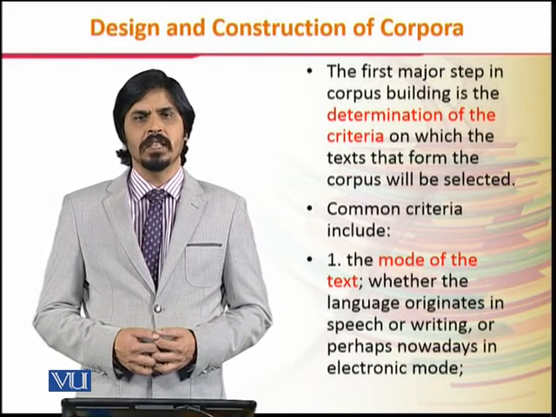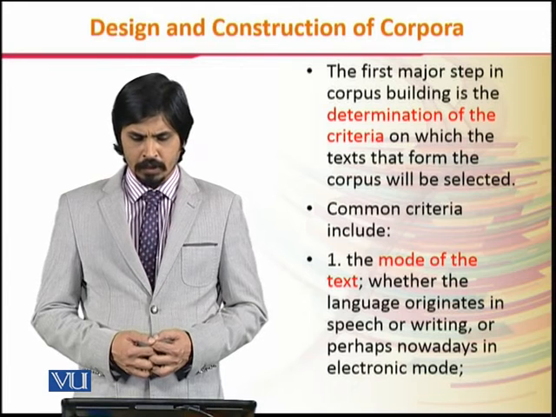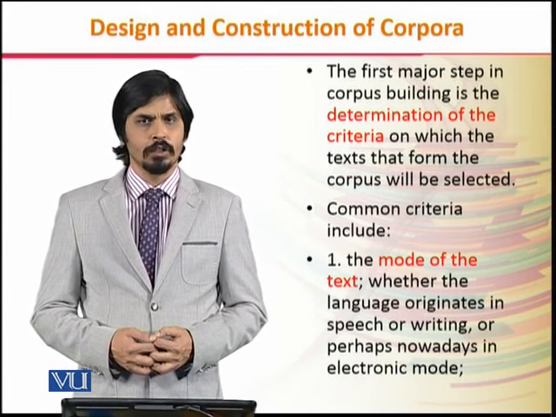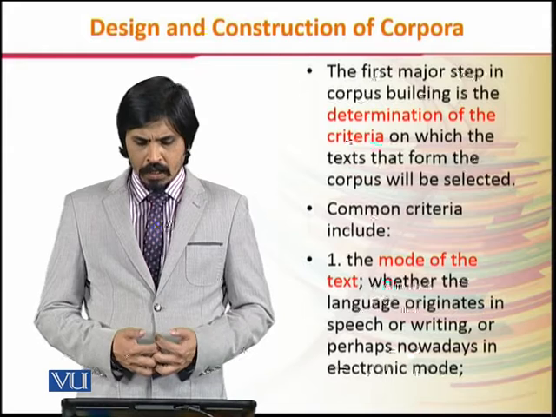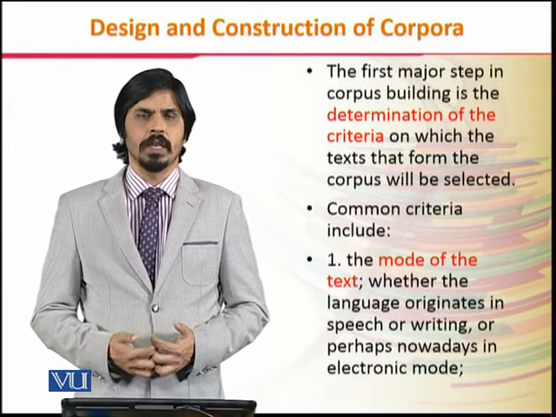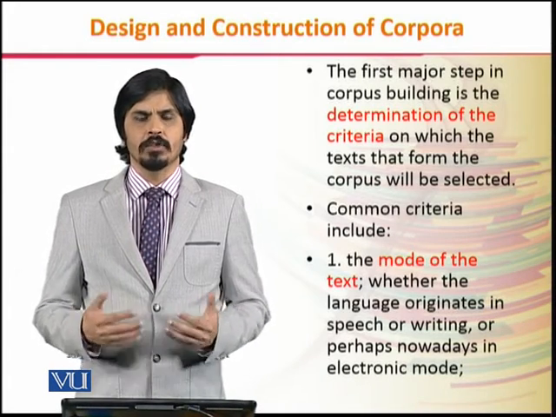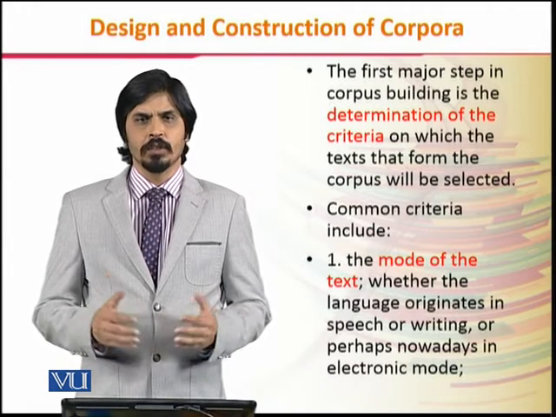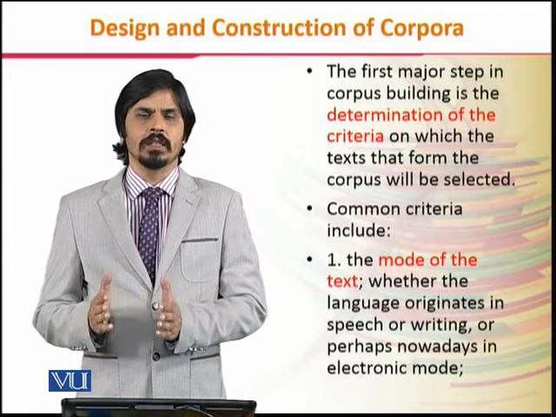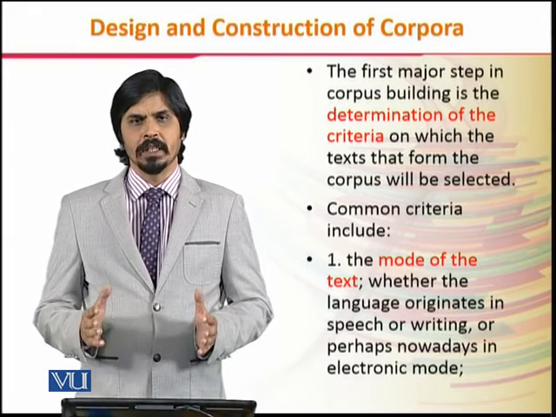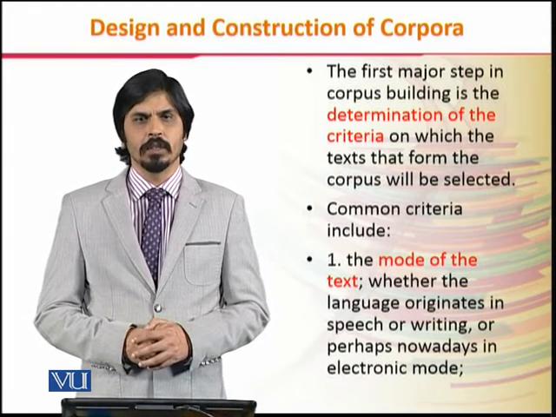Certain common criteria for selecting a corpus include the mode of text, whether the text is written or spoken, or, as is very common nowadays, based on electronic or social media text. So it should be very clear which nature of language is being used to make a corpus.